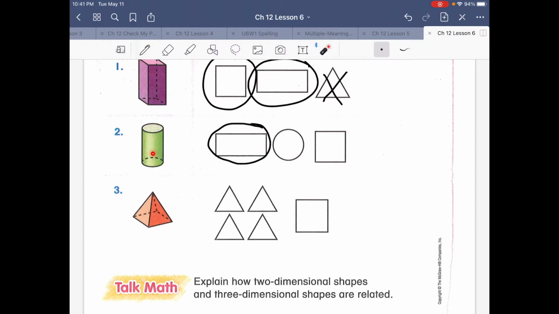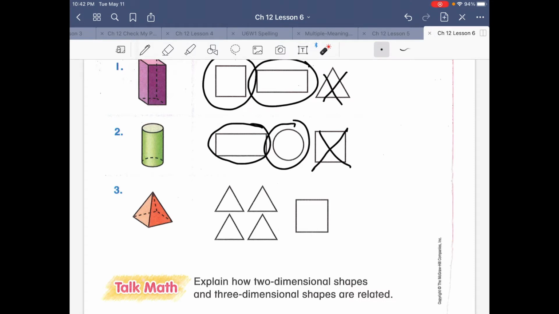Any circles in this cylinder? I see a circle on top and a circle on bottom. So yes, we do. Are there any squares in that cylinder? I do not see any squares. We'll cross that off.